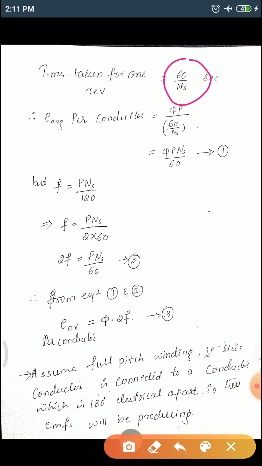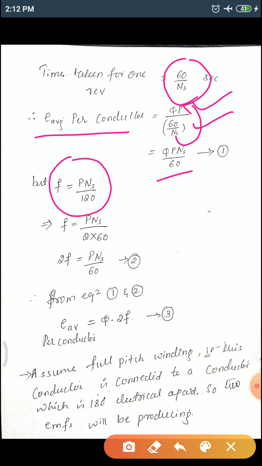Substituting both values, the average voltage per conductor is given by phi P divided by 60 by Ns. Ns can be sent to the numerator, so it will be phi P Ns divided by 60. But as we know, the formula for frequency is F equal to P into Ns divided by 120. This 120 can be written as 2 into 60, so P Ns divided by 60 can be written as 2F.